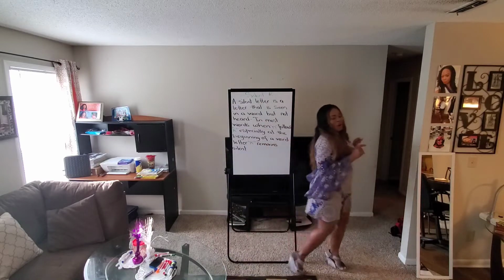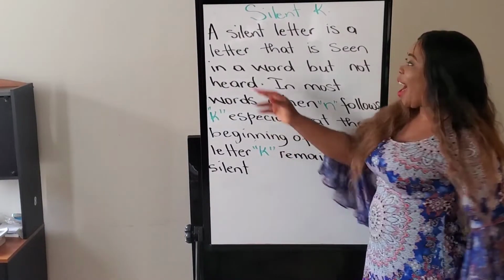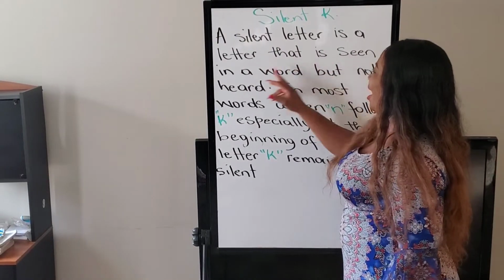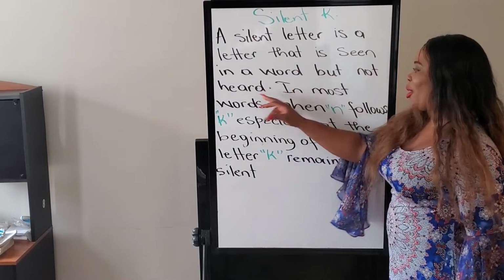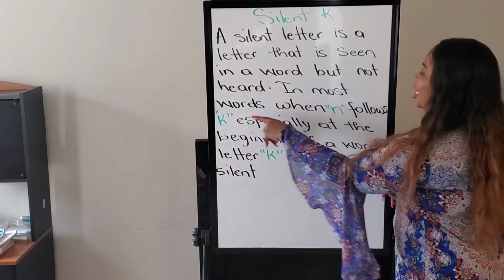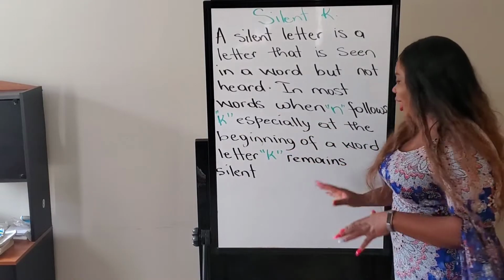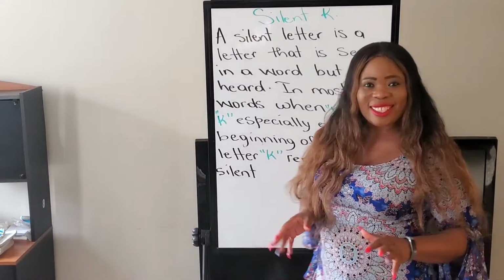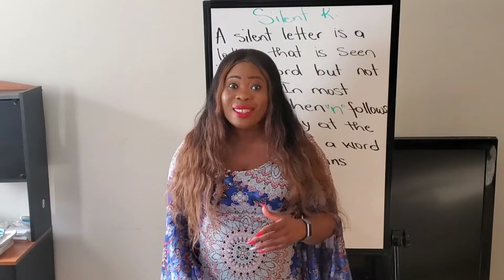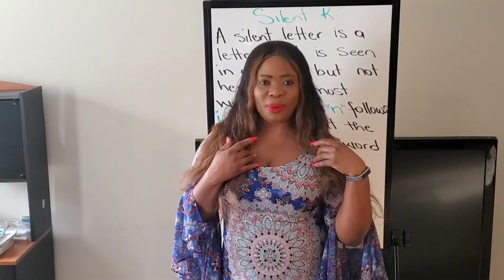Now, as I was saying to you, a silent letter is a letter that is seen in a word but not heard. In most words, when N follows K, especially at the beginning of a word, letter K remains silent. You got that right? I know you did because you're a genius, but because I want it to cement in your brain, I am going to repeat it for you.